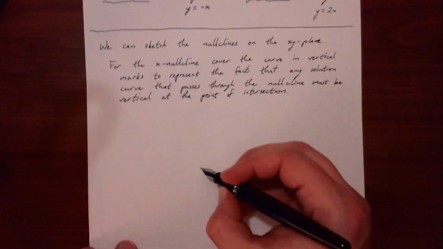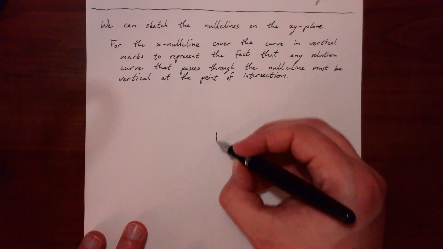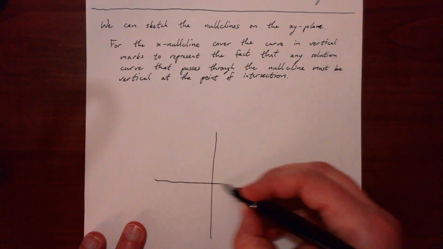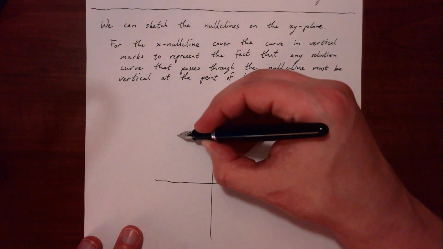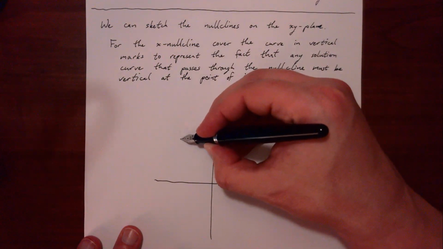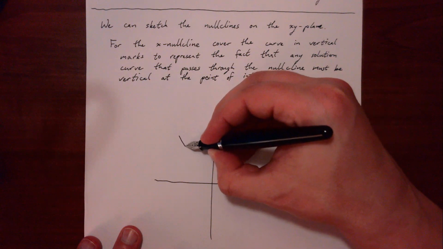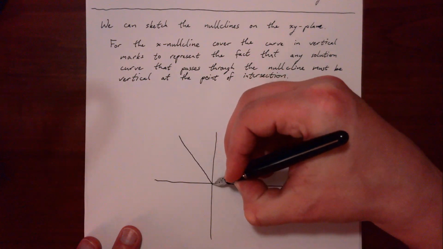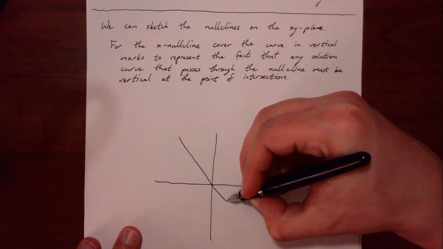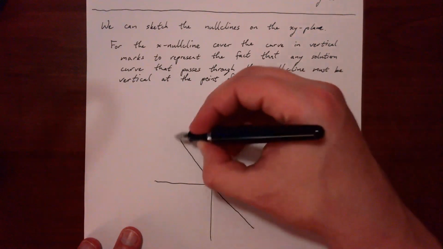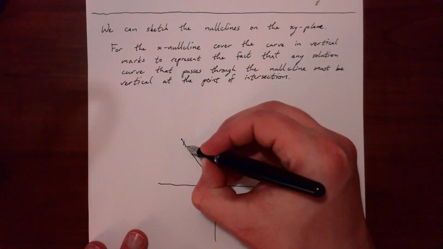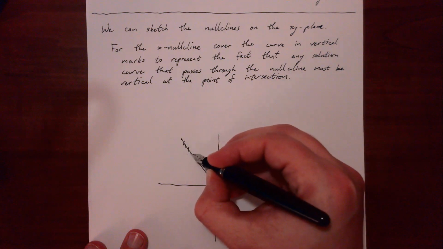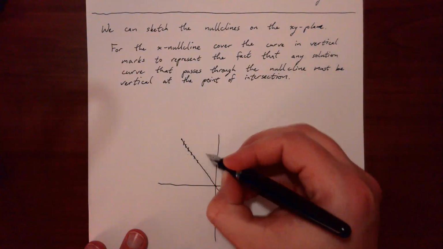So here, just down a little bit further, we'll actually start putting this into practice. All right, so y equals negative x. That represents just the diagonal line that goes down with a slope of 1. This is the x nullcline, and what I mean by the vertical marks is just like this.